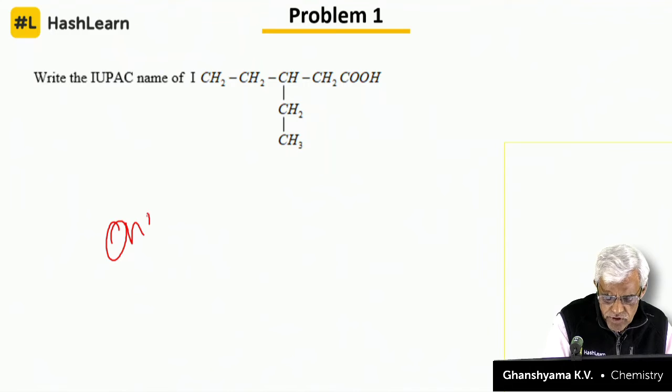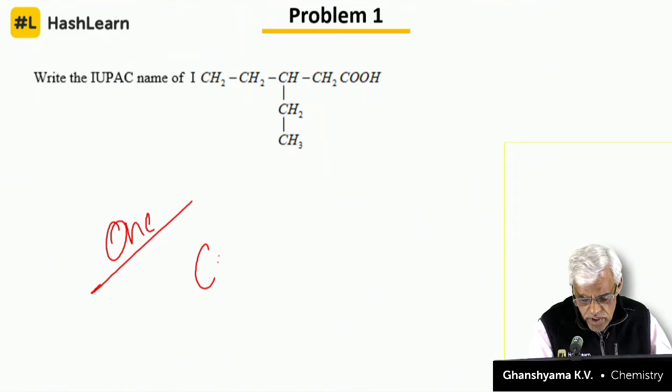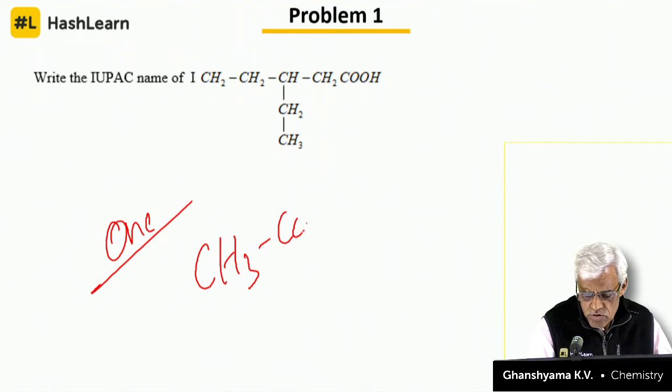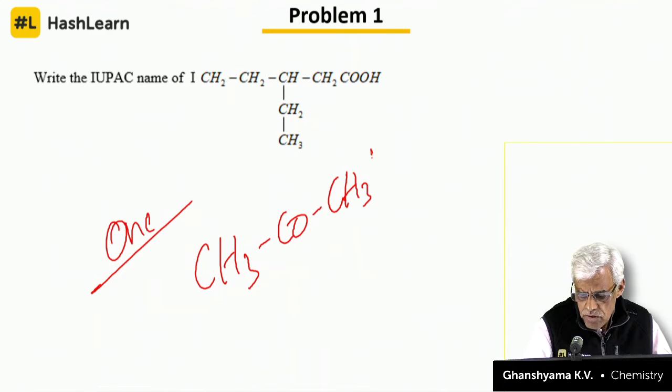Ketones end with the letter -one, therefore CH3COCH3 is propanone.